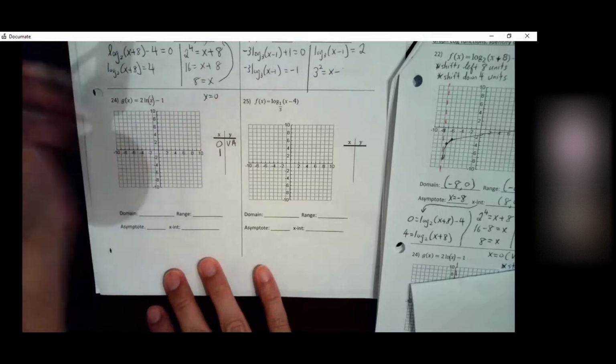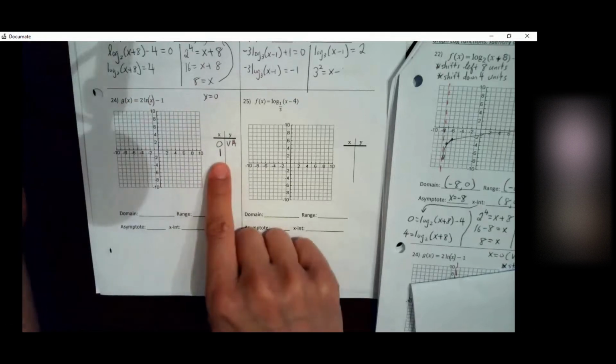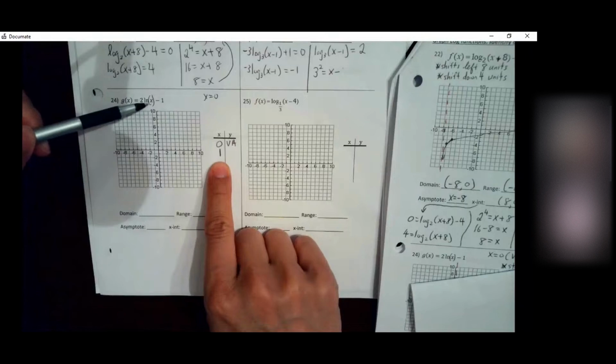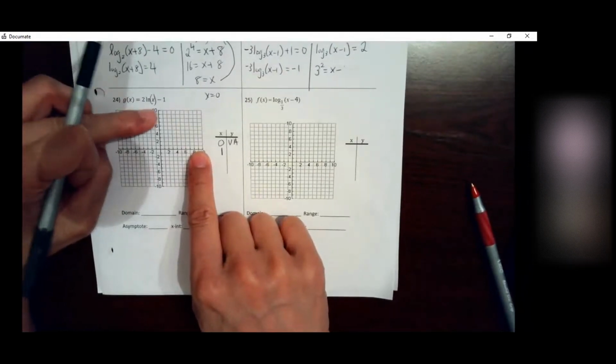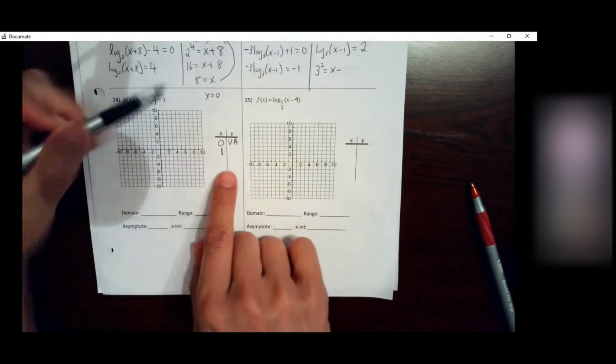So when x is equal to 1, y is equal to? Well, what's the natural log of 1? 0. Oh, and 0 times 2 is 0. So it's -1. 0 minus 1 is -1.